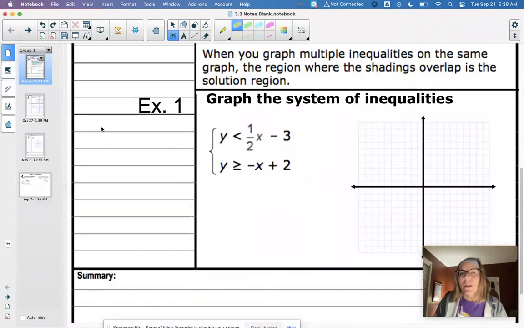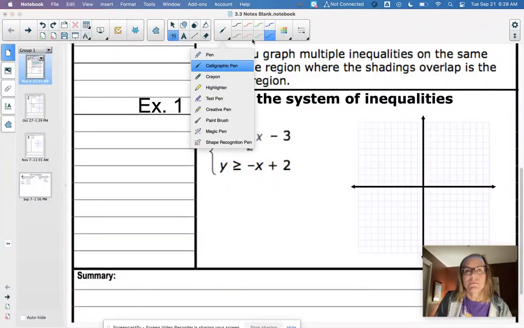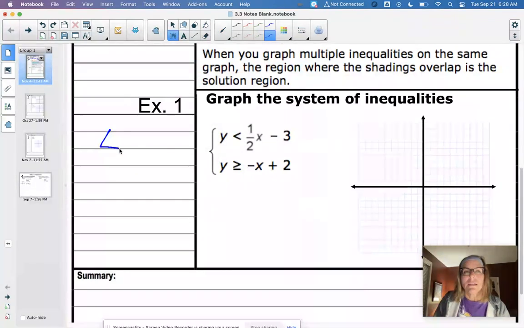Remember, whenever we deal with less than or greater than, that's an open circle. We dealt with a parenthesis, meaning it's not including the endpoints.